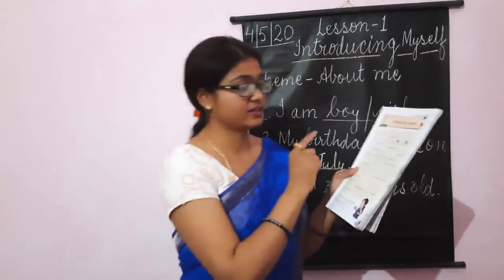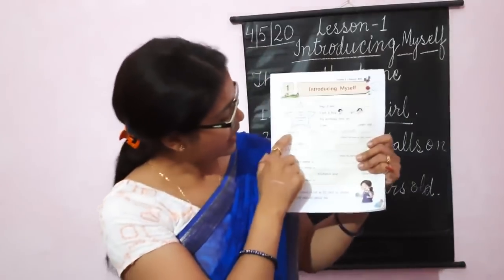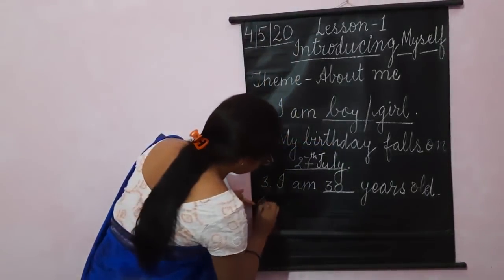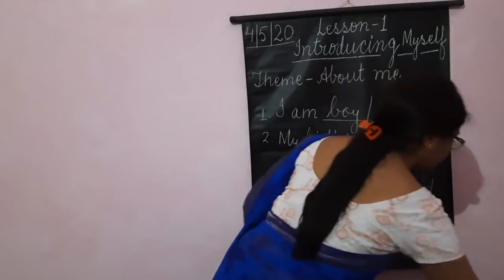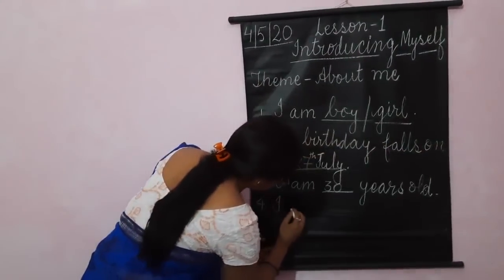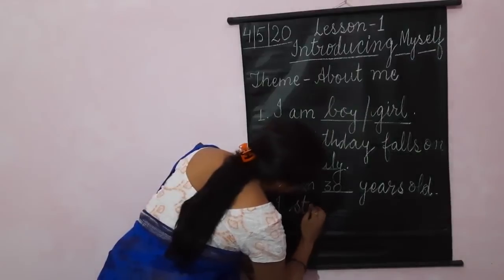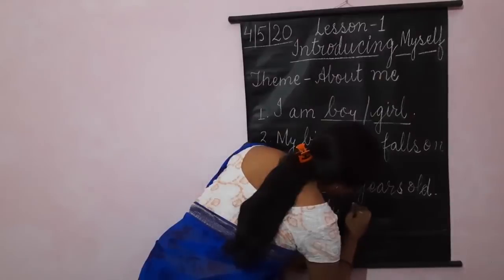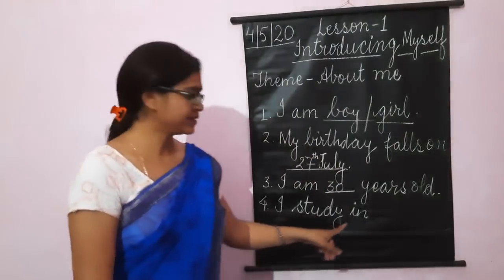Now the next line, I study in. You know your school name? You know, Little Flower School. So you will write in this line your school name. You have to know your school name. So the fourth line is given, I study in.